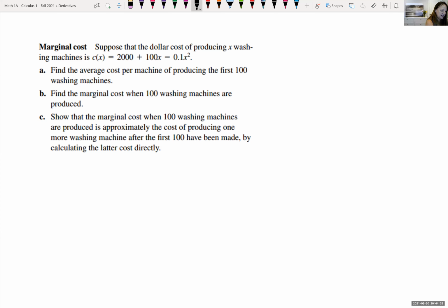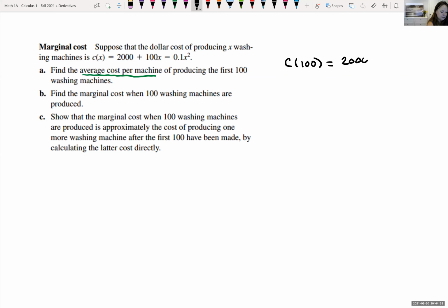Okay, so in here, because it says the word average, I'm looking at the change in my cost function. So I want to look at C of 100. If I look at C of 100, I'm going to go back in here and plug in 100 wherever I see an x.